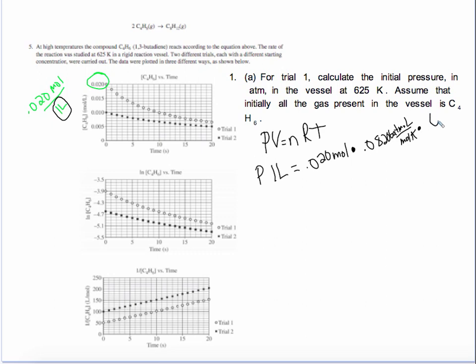Remember, in gas laws, your temperatures have to be in kelvins, which this one, they were nice enough and gave it to us like that already. But the gas law constant tells you what unit everything needs to be in. All right, and so then you solve all this, divide by 1 liter, and you end up getting that if you round it off, it turns out to be about 1.0 atmospheres. All right.